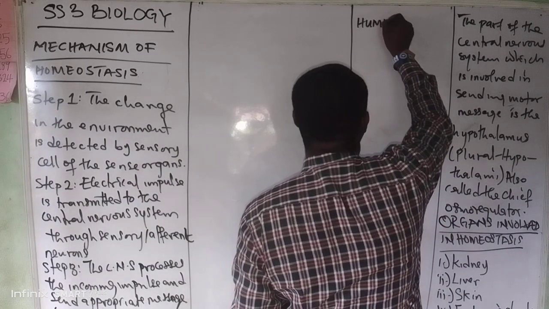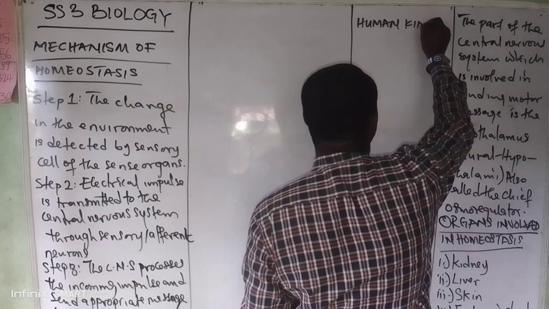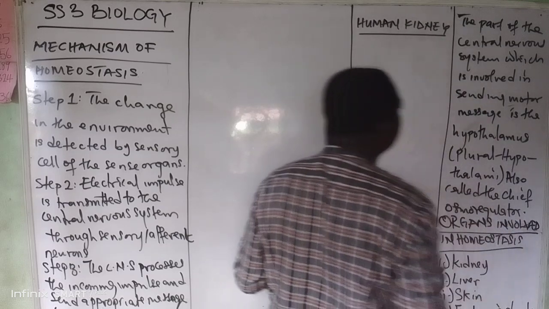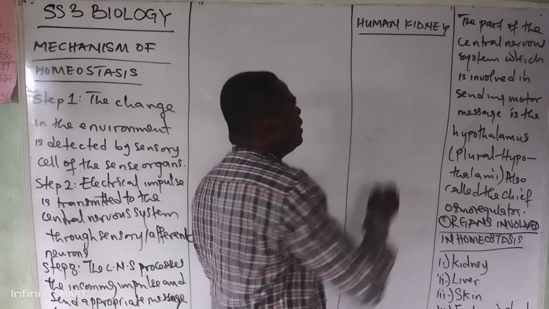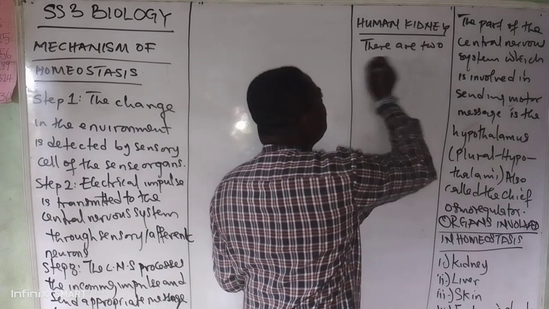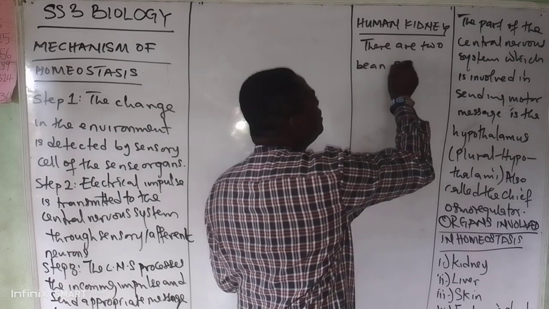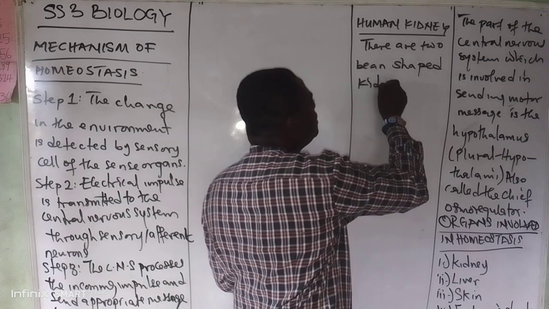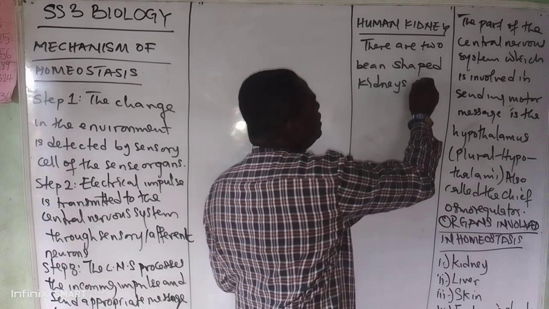So let's look at the human kidney. Now, this one occurs in pairs. There are two kidneys, bean-shaped. Where are they located?